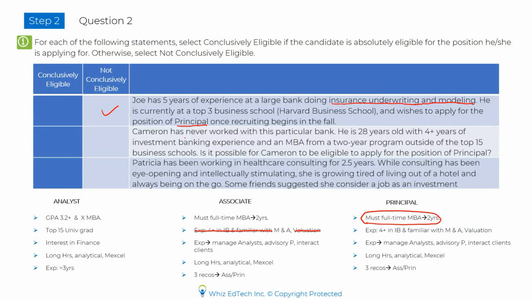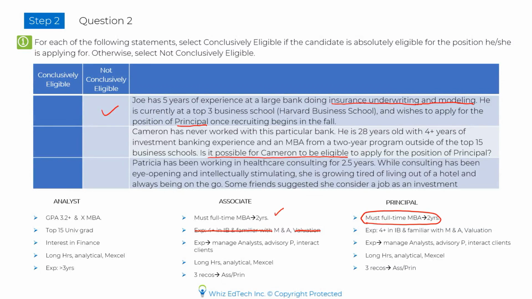Cameron has never worked with this particular bank. Okay. He's 28 years old with 4+ years of investment banking experience and an MBA from a 2-year program outside of the top 15 business schools. So he's got an MBA. All right. And he has 4+ years of experience. Is it possible for Cameron to be eligible to apply for the position?